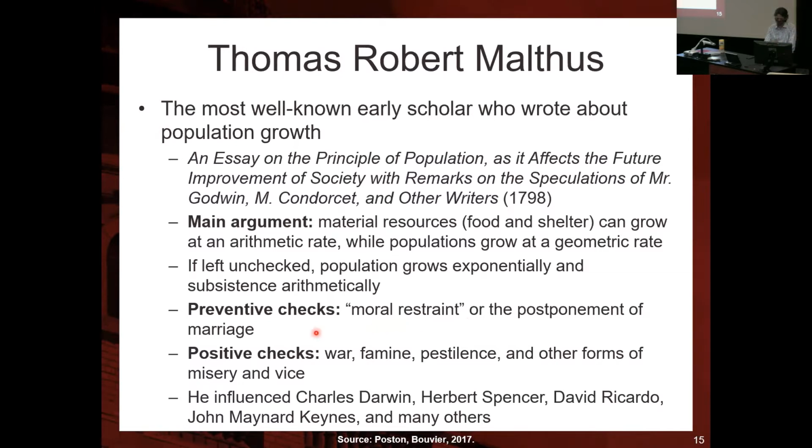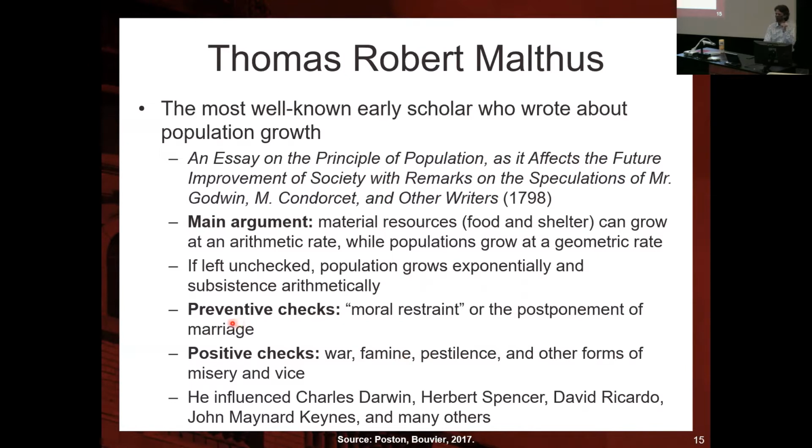In positive checks, he mentions that exactly because you start facing issues of not having enough food and shelter, societies engage in war with other populations to try to get resources from them, or some societies that don't have enough food for all their members can start to experience famine, pestilence, misery, poverty, and all other forms of issues.